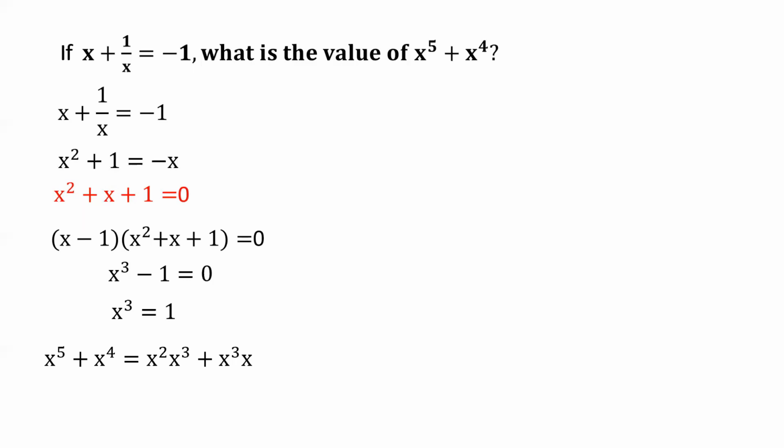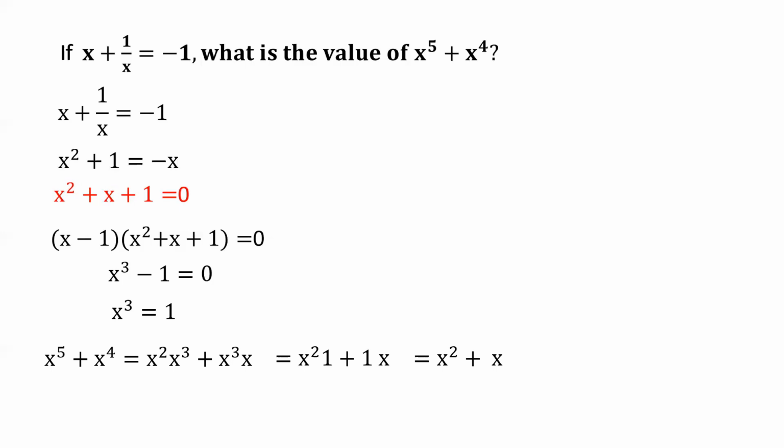And x cubed is 1. So if we substitute x cubed equal to 1, we have x squared multiplied by 1 plus 1 multiplied by x, and that equals x squared plus x.